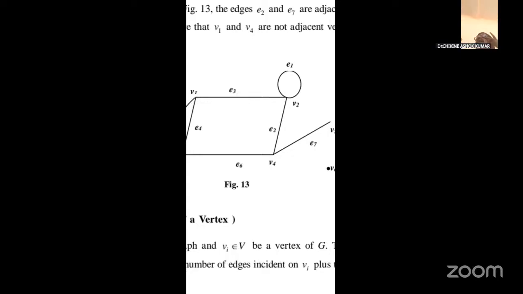So totally the vertex V2 has 4 edges: E3, E2, and the loop 2 times. So the degree of V2 is 4. Just count the number of edges.